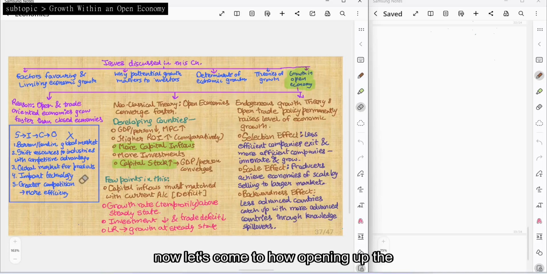So now let's come to how opening up the economies will affect neoclassical theory and endogenous growth theory. For neoclassical theory, the major implication would be that open economies tend to converge fast. In this whole section, we are only discussing the concept of convergence. I've highlighted the points in yellow which might seem new. As we've already discussed, for developing countries, GDP per person is lower. As a result, the increment in output from each unit of capital is higher.